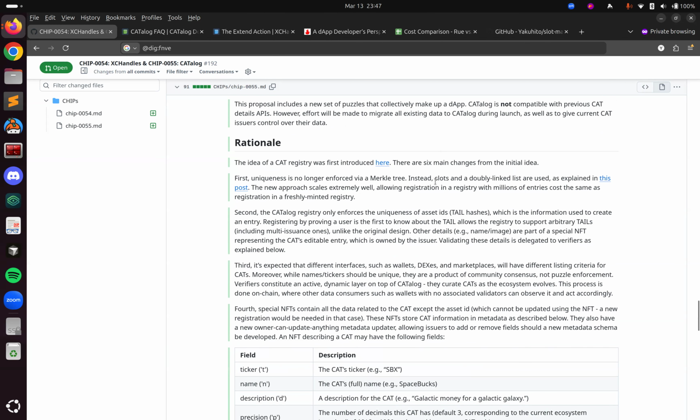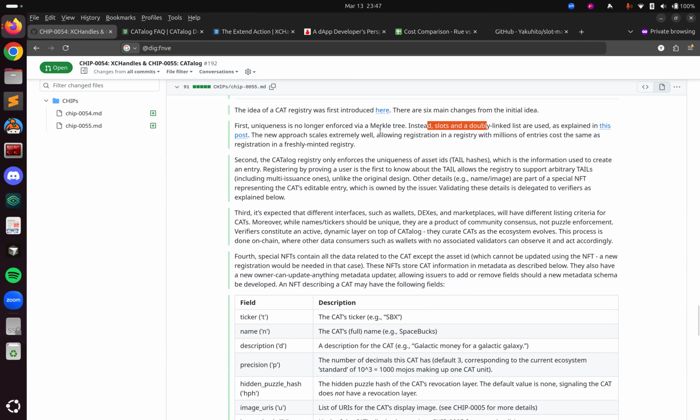This rationale, okay, the first point is that this can use the same uniqueness mechanism as XCHandles. So you only register a cat if someone hasn't registered a cat with the same asset ID before. The registration will only enforce the uniqueness of asset IDs.